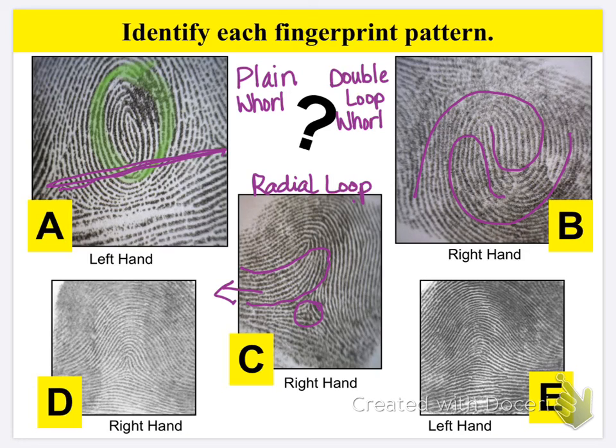On D, you've got that sharp spike in the middle, so that is a tinted arch. And on the left hand, that is going to be a plain arch because it's a smooth transition.